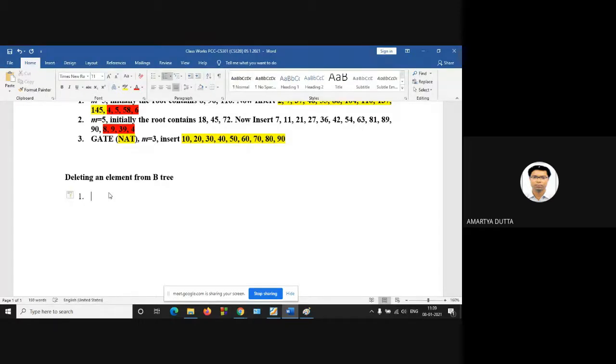The rule is that like insertion, here deletion is also done from the leaf nodes. There are two cases for deletion. In the first case, a leaf node has to be deleted. In the second case, an internal node has to be deleted.